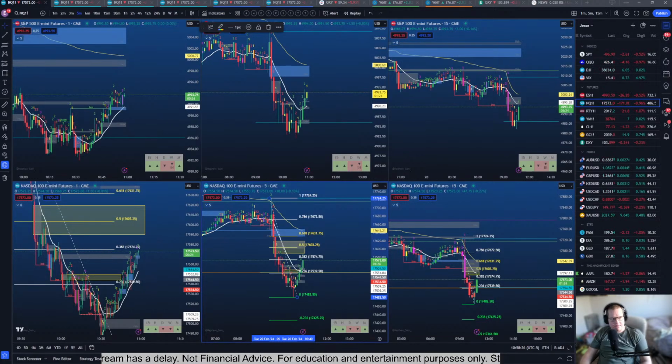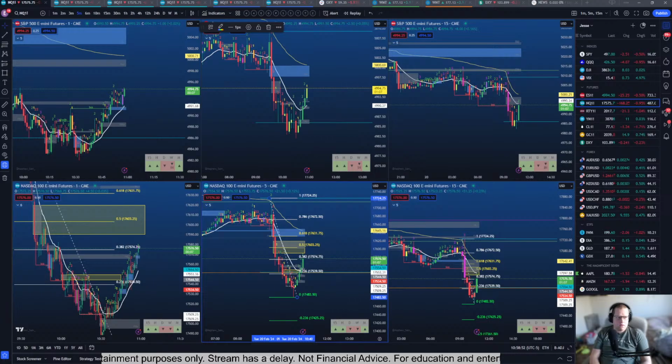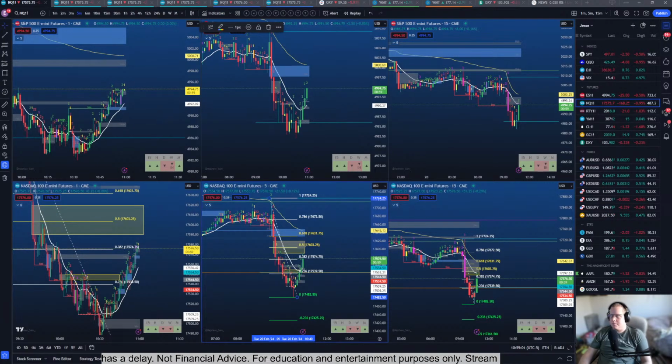Taking a little bit at half R. It's just struggling right now. Hard break even. Starting to get some strength here. Hard break even.